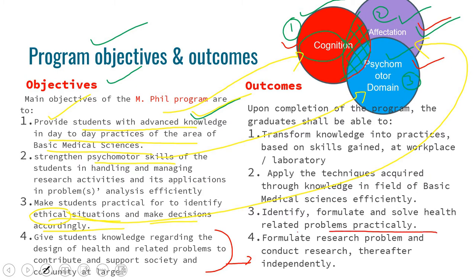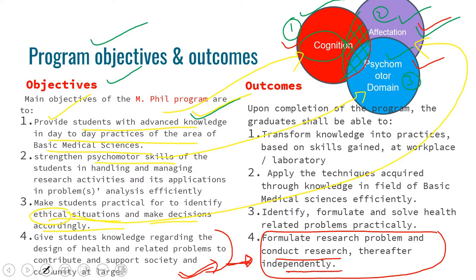So you see, it gives a certain level of competence that he gains at this particular level: the knowledge of basic day-to-day problems and research-related problems. Then, when he is expected to work in that environment in the laboratory, that graduate has gained a particular level of competence, which is that he can conduct research thereafter independently.